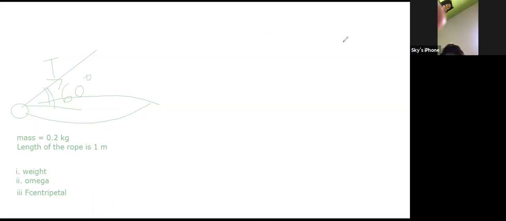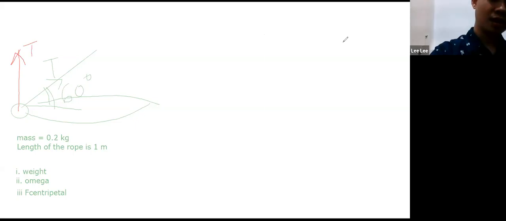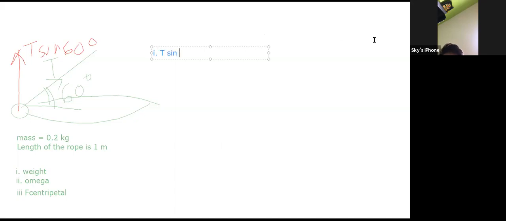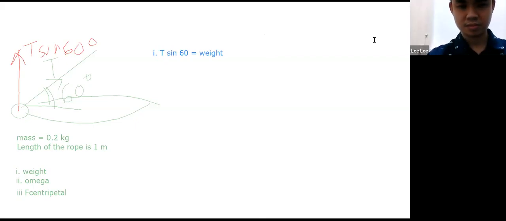No. So there is one component here, which equals T sin 60. So T times sin 60 has to equal the weight. Do you understand here? Yeah. So the T is 2.26 Newton.